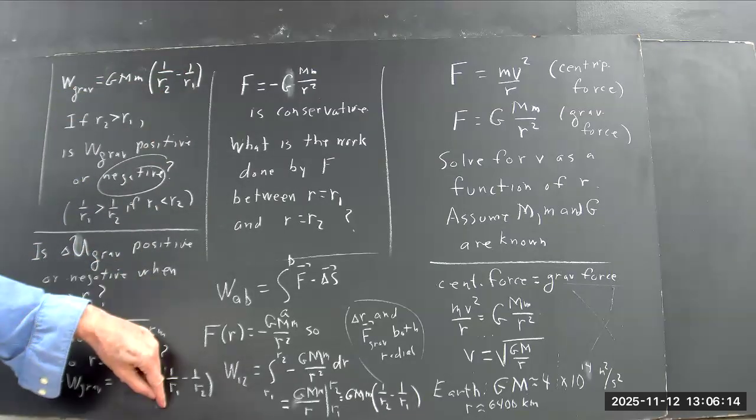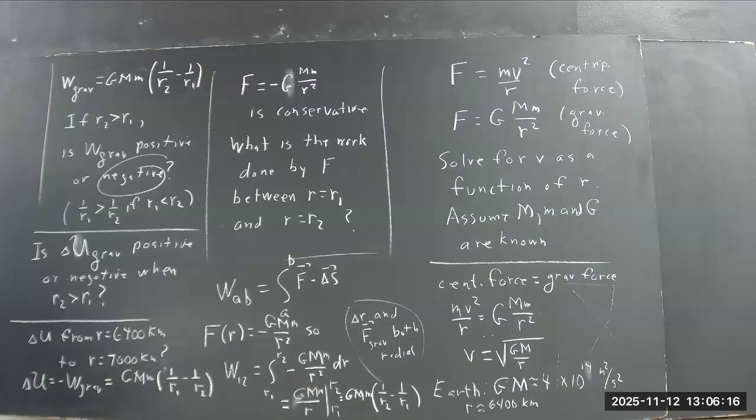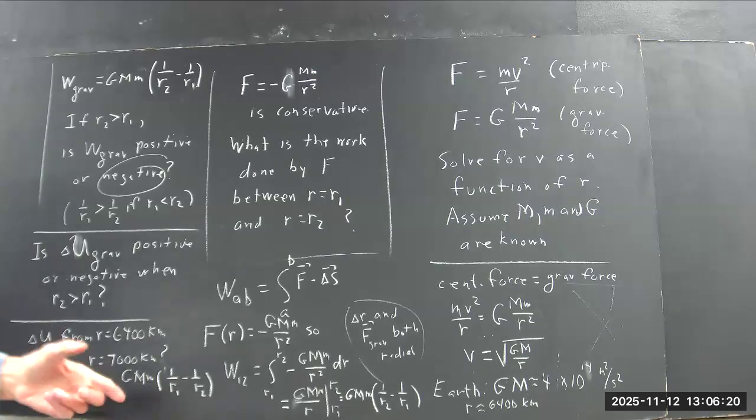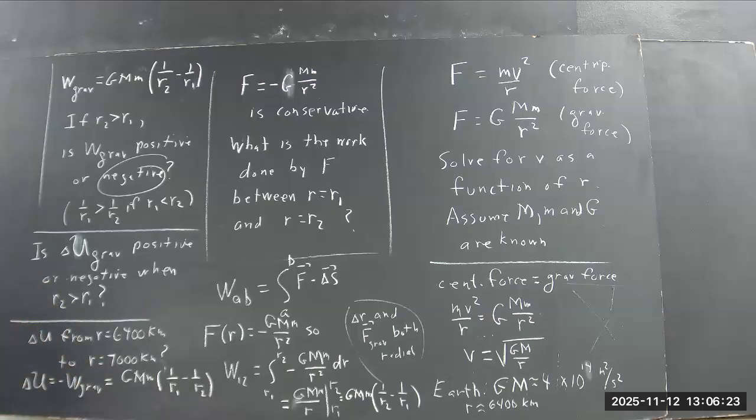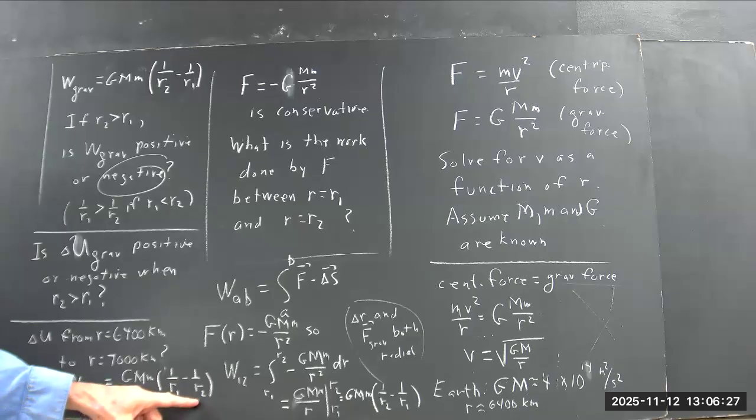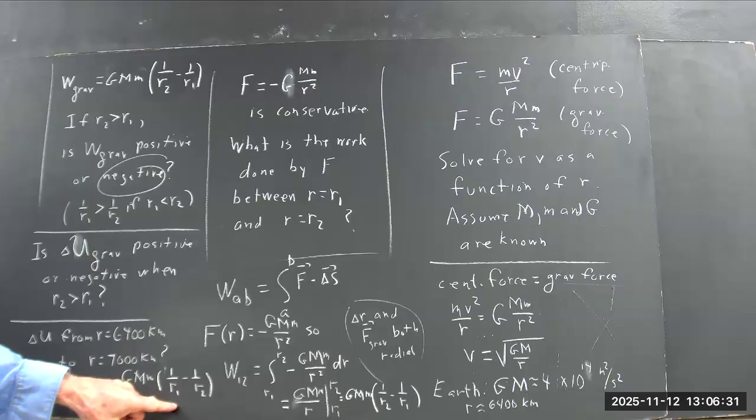Well, you choose to write the positive before you write the negative. And then you again have to think, if R2 is bigger than R1, does this make sense? If R2 is bigger than R1, this is a smaller fraction than this is. Got a bigger denominator, okay? So you're going to get a positive.